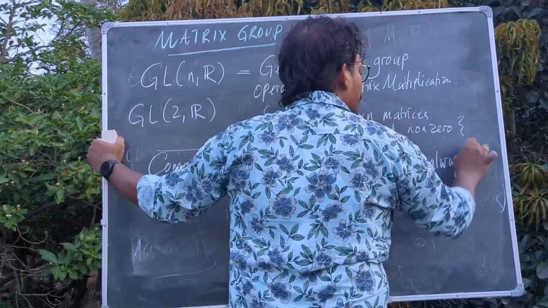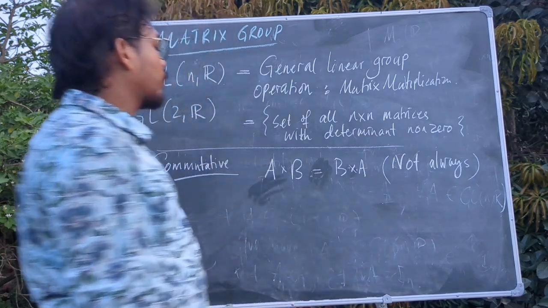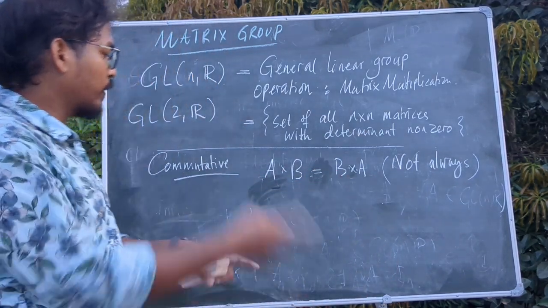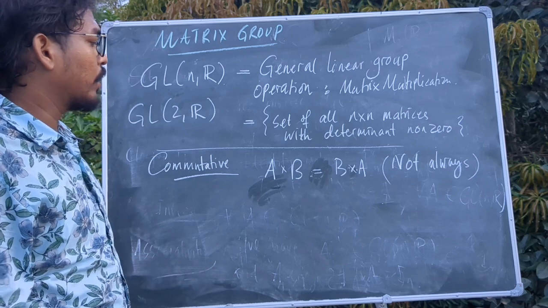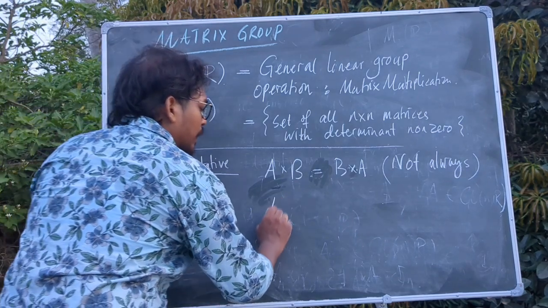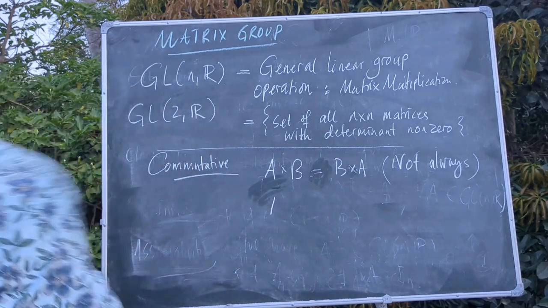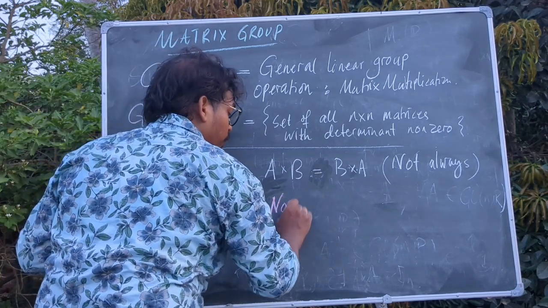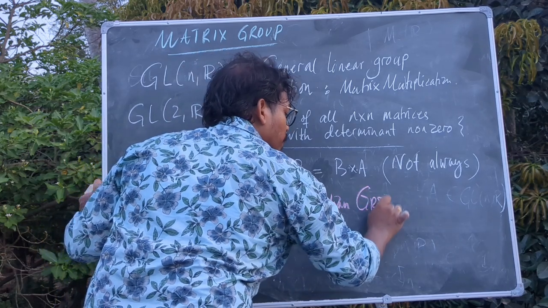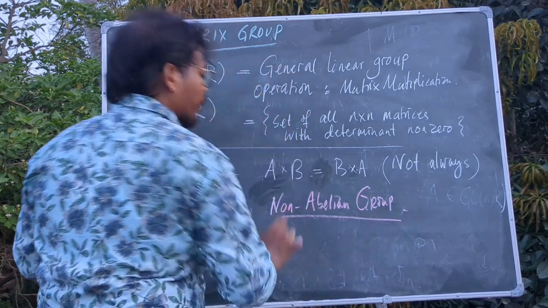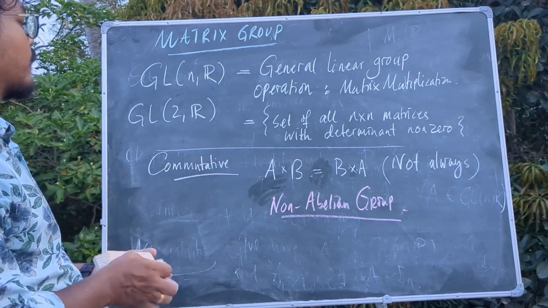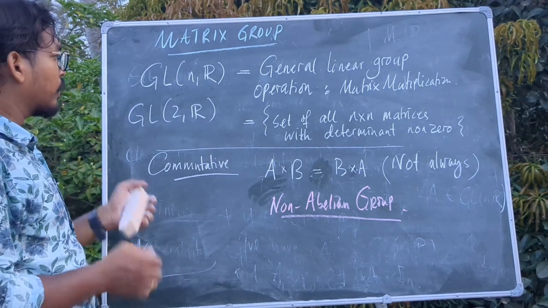We can have an example of two matrices where this product is not equal to this product. If we reverse the matrices, they will not be equal. So this is an example of a non-abelian group. Let me erase it.